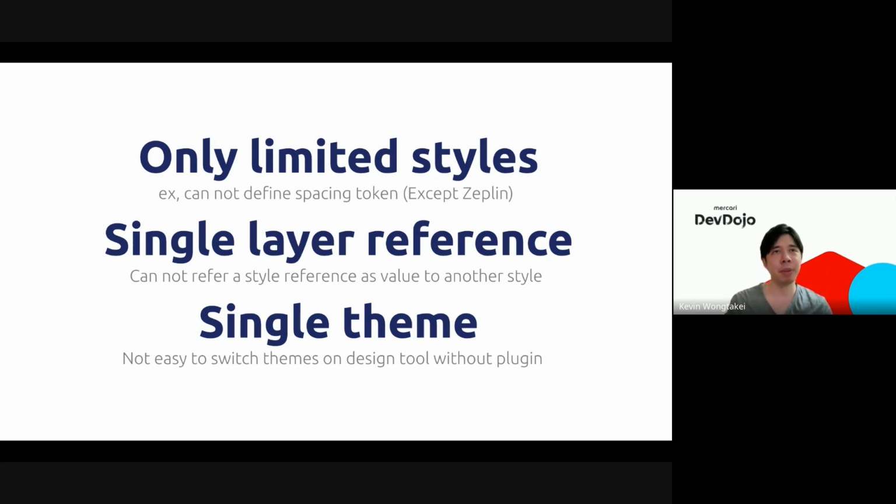For example, we cannot create one style that combines two other styles. It's just referencing a single style. And it's not so easy to switch themes. Let's say you have a different collection of colors that you want to apply in different situations, but you want them to share the same tokens. You cannot have this kind of functionality natively. We still need to get some third-party plugins to achieve this functionality.